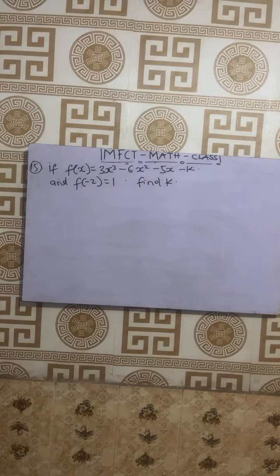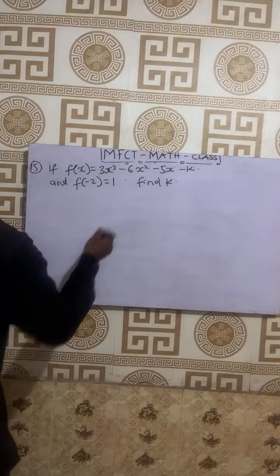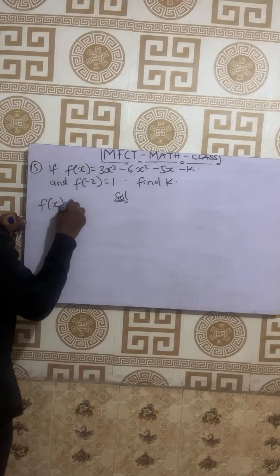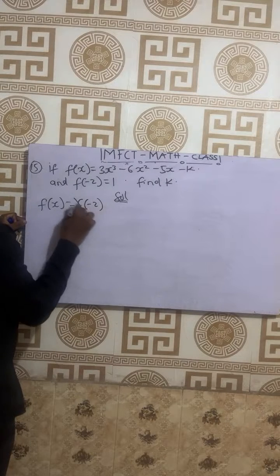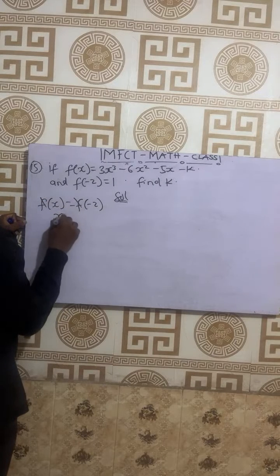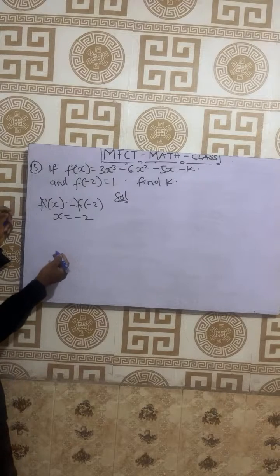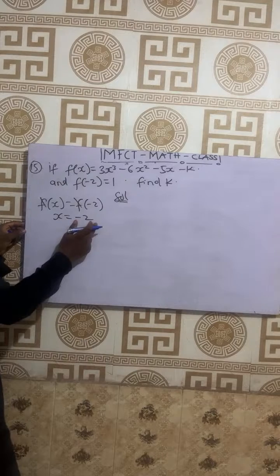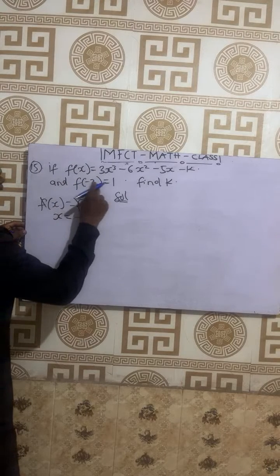The question is if f of x equals 3x cubed minus 6x squared minus 5x minus k, and f of minus 2 is equals to 1, find k. Guys, it's very simple. If we just say solution, f of x is equals to f of minus 2, this f cancels f, then x will be equals to minus 2. So this simply means that wherever we see x, we are going to represent it as what? Minus 2. So my f of minus 2 will equal to 1.